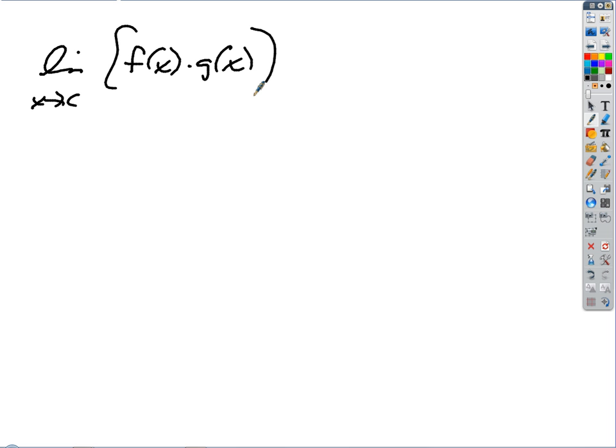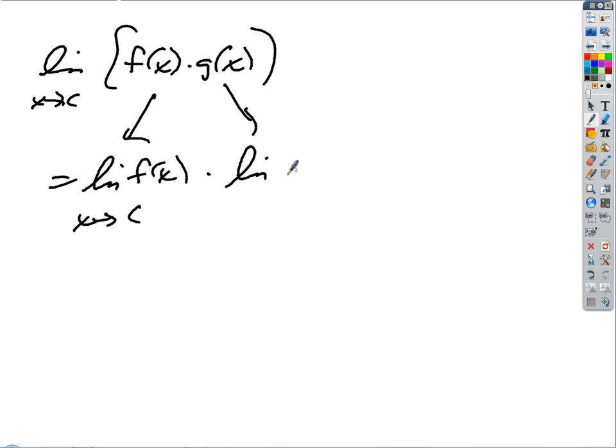Okay. Also, the limit of a product, the limit of f of x times g of x as x approaches c is equal to the separate limits. The limit of a product equals the product of the limits. So I can break that up into the limit of f of x as x approaches c times the limit of g of x as x approaches c.